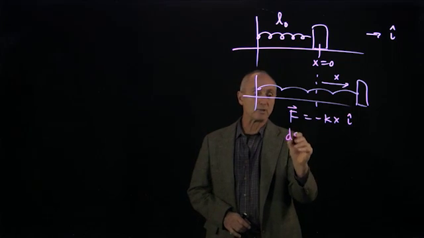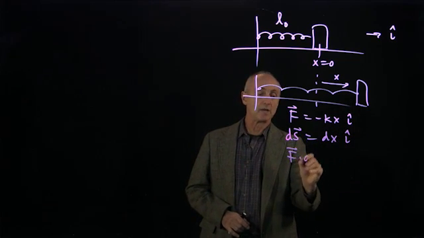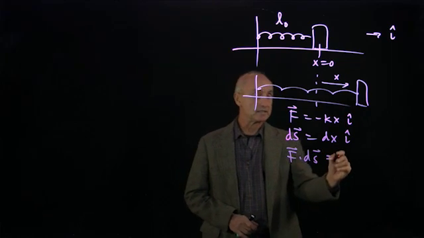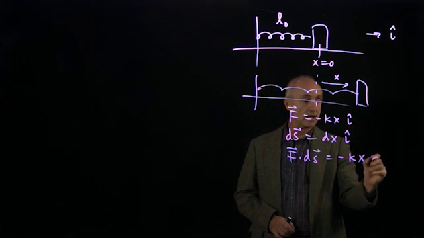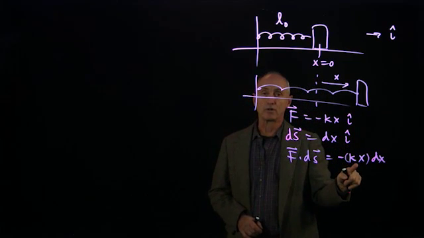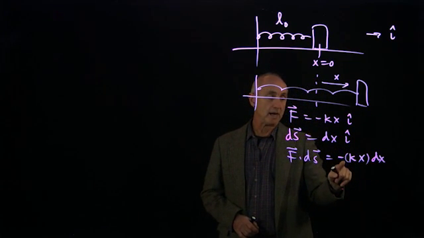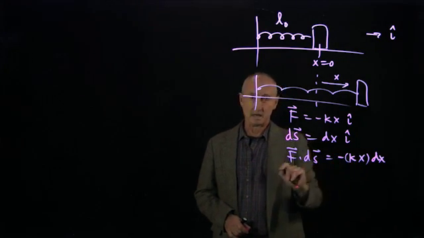If we took our displacement to be dx i hat, and we take the dot product of F and ds, we get dx i hat dot i hat, which is 1, times dx. That's just the x component of the force times the displacement, with a minus sign, because the x component of the force is negative kx.